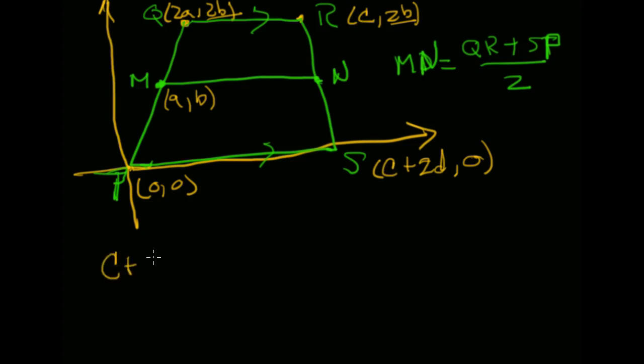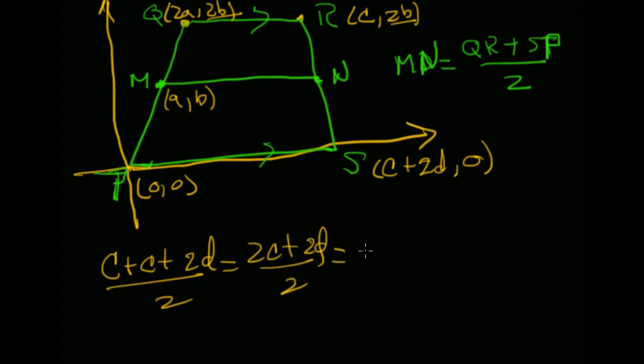Okay. Halfway between C and C plus 2D. So C plus C plus 2D, halfway is 2C plus 2D divided by 2. That makes that C plus, oops, that's not C, C plus D. So the x-coordinate here is C plus D. And halfway between 0 and 2B is going to be B. Okay, so we have a coordinate for M and we have a coordinate for N. Now, here's what we note.